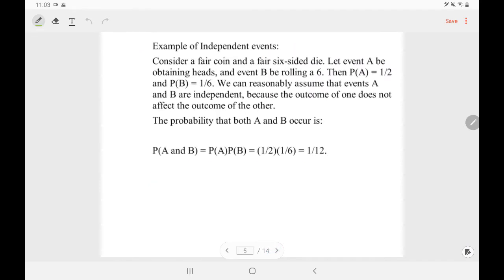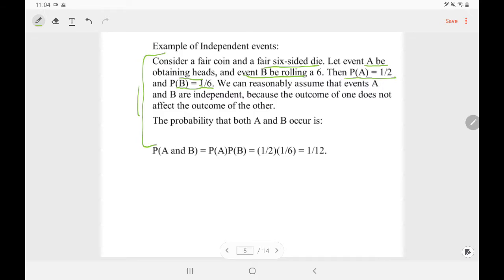So an example, consider a coin. I'm tossing a coin and I'm also tossing a dice that has the numbers 1 through 6 on it. We're going to call event A getting a heads, and event B rolling a 6. The probability of flipping a heads is 1/2. The probability of rolling a 6 is 1/6 because I have one option to get a 6 out of 6 different sides of my dice.